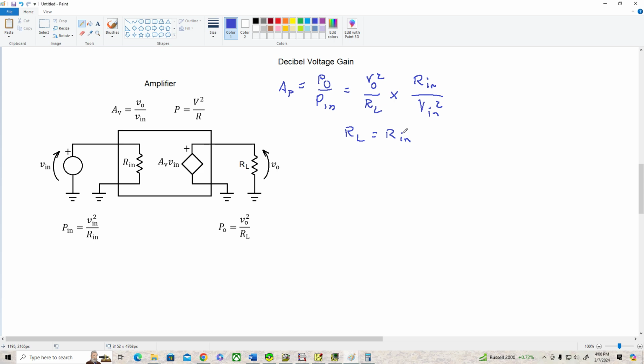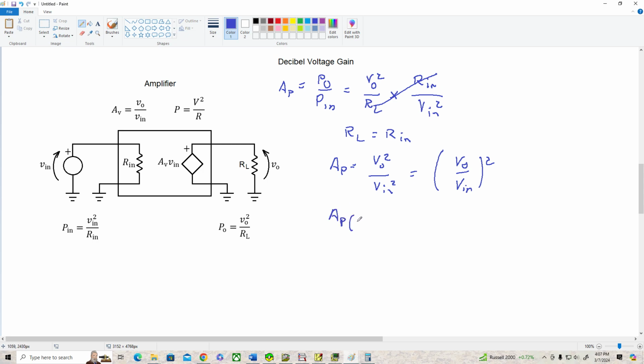Now that's almost never true in real life, but it's always the assumption that's made when we're working with decibels. So if that is the case, then these cancel and we get the power gain is equal to V out squared over V in squared, which we can write as V out over V in, the quantity squared.